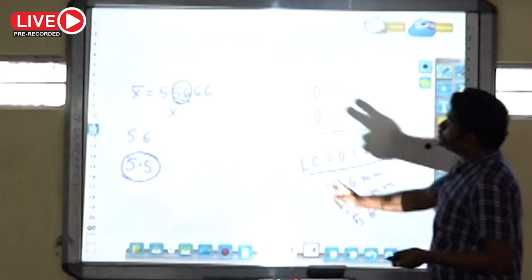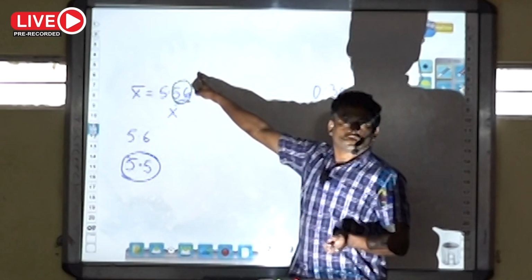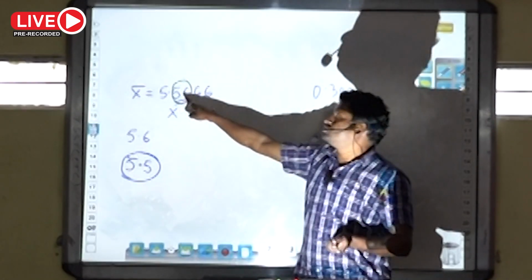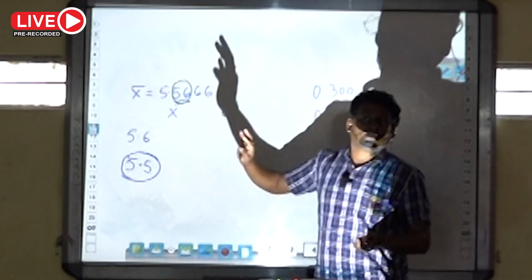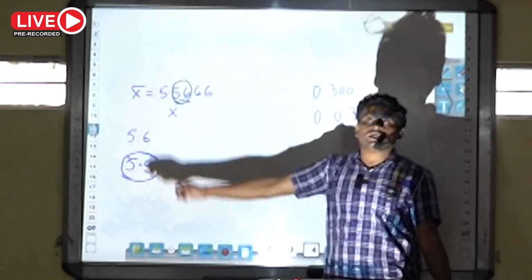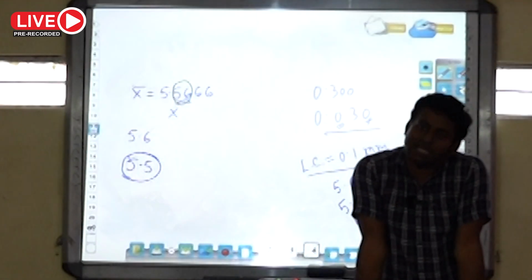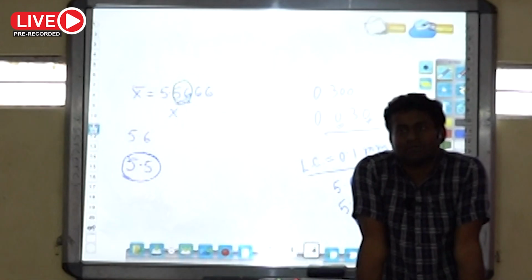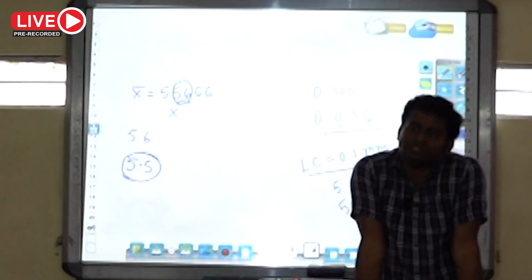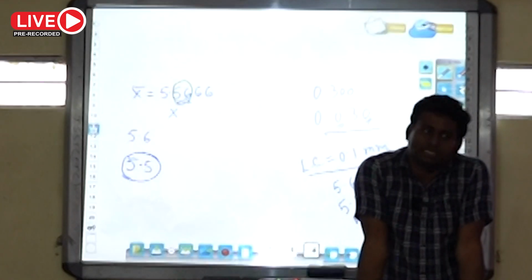Once you measure these 2 values, then you will get that 56 is most close to 60, then I should write 5.6. But this observation of 2 decimal places, you cannot observe by using vernier calipers. So the answer will become 5.5 only, not 5.6.